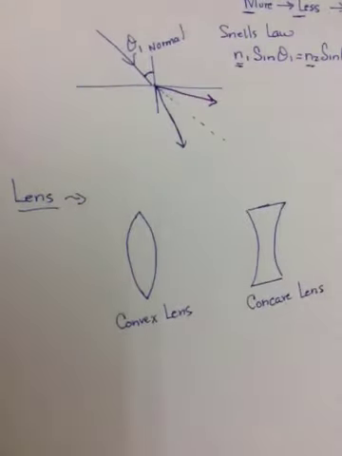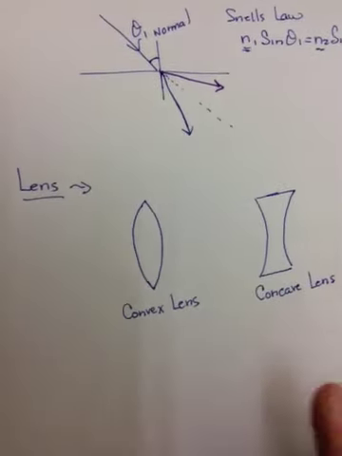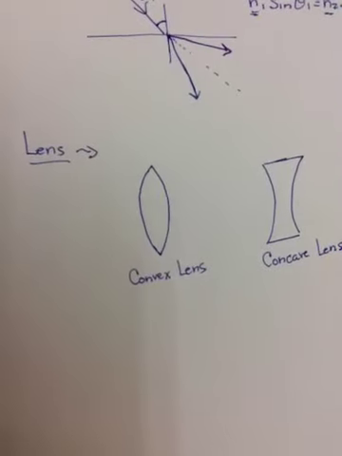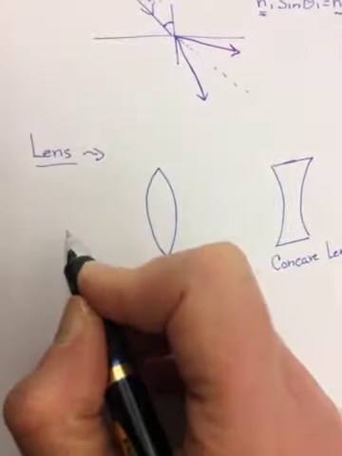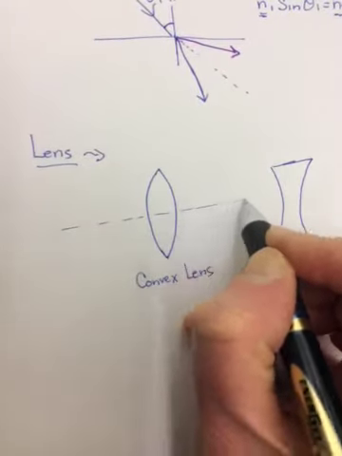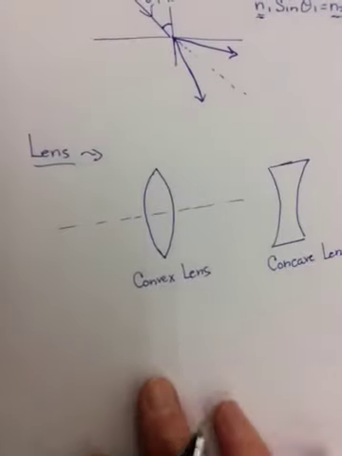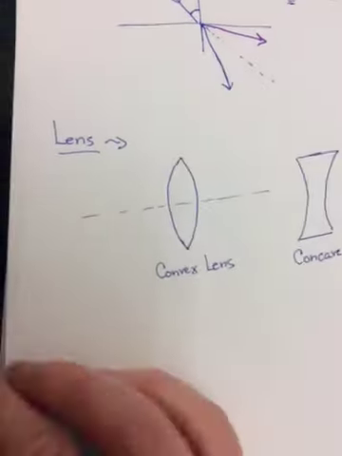Now, hopefully, you have the mirror stuff straight in your head, because that's really going to help you here. If you don't have it straight in your head, I could really screw you up here. Okay, the good news, there's still going to be a principal axis through these guys. Actually, we're going to start with converging lenses.